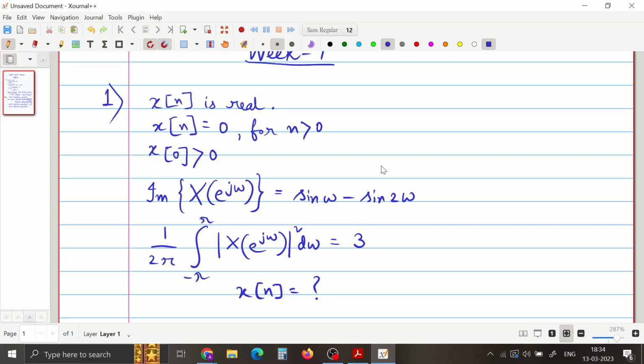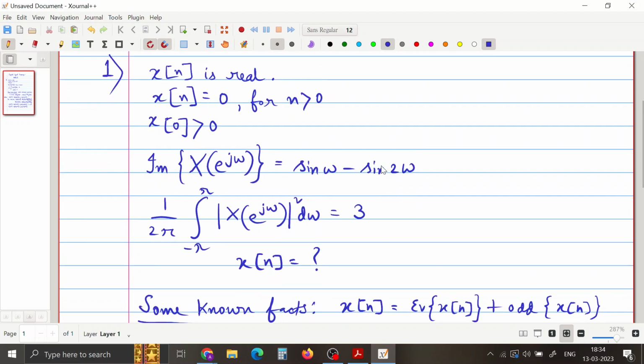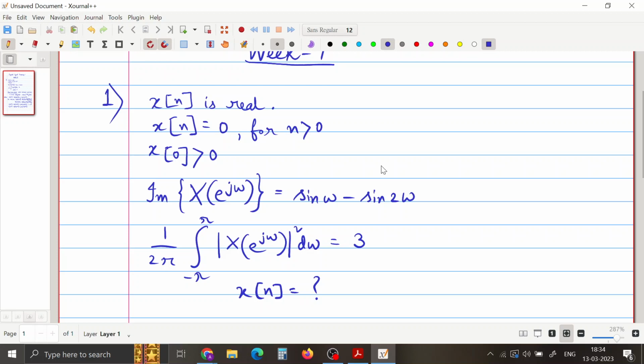That's why we are breaking it down into two parts: the real part and the imaginary part. The real part is an even function whenever x of n is real, and the imaginary part is an odd function whenever x of n is real. And also the first condition which was given, that x of n is 0 for all positive values of n.